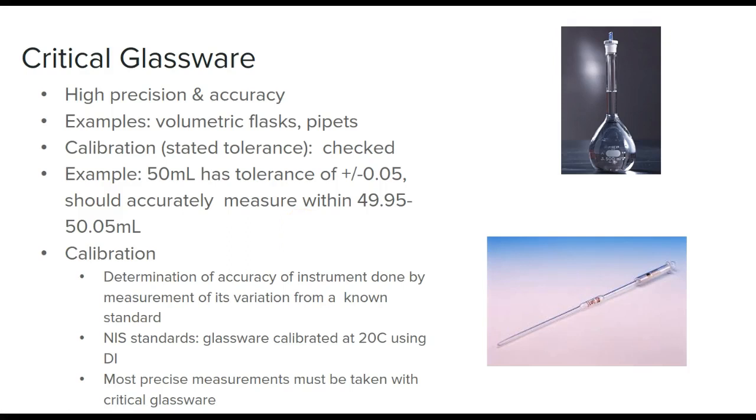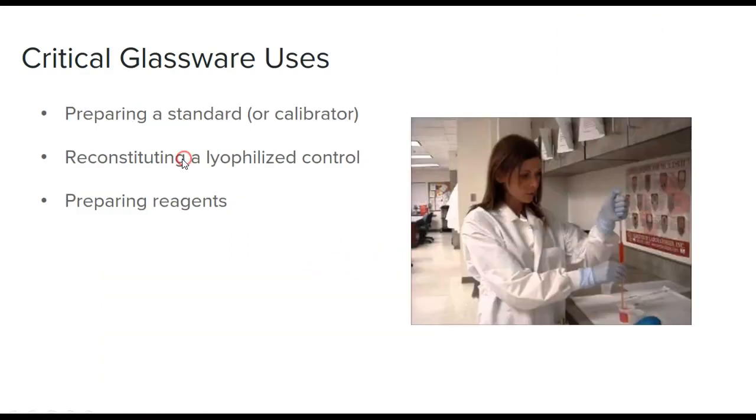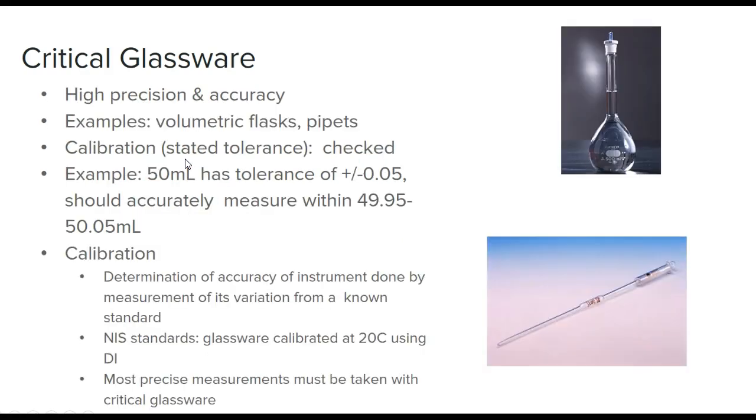Calibration is the determination of accuracy of an instrument done by measurement of its variation from a known standard. Now, let me tell you what this means in our language. Whenever we do a calibration, we have something that we know has 50 milliliters in it, and then we measure it with whatever we're trying to calibrate to make sure that we get that.